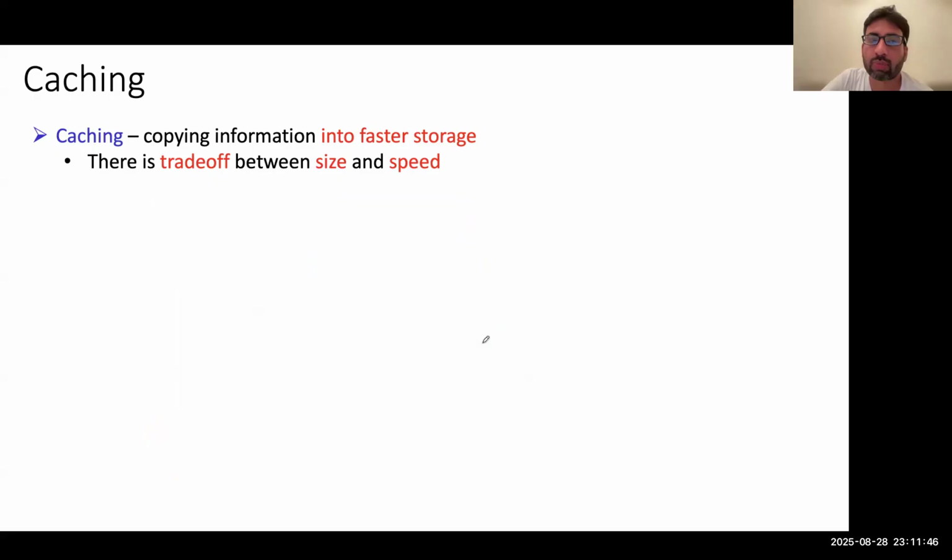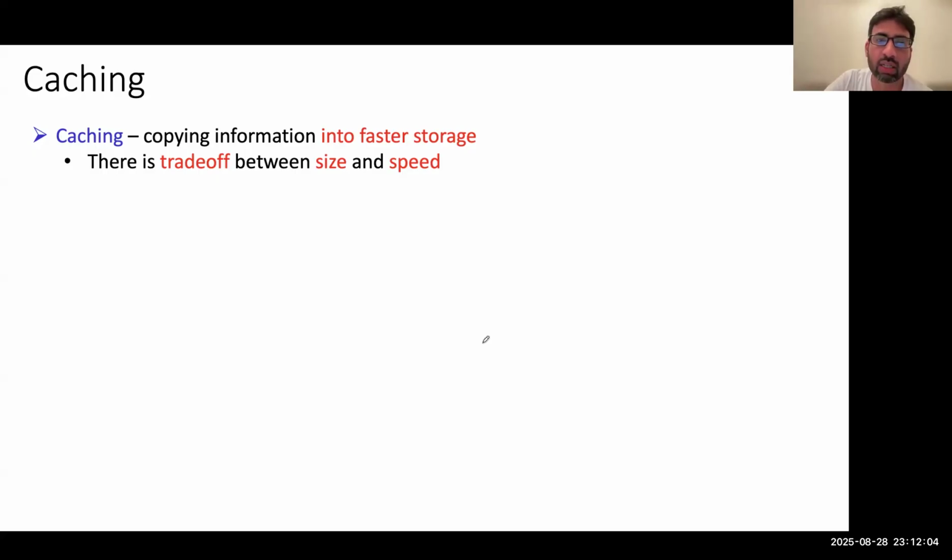Okay, so caching is basically a concept, the concept of copying information into faster storage. It is not only a physical hierarchy. It is also a concept which you can apply both at the hardware level and at the software level.